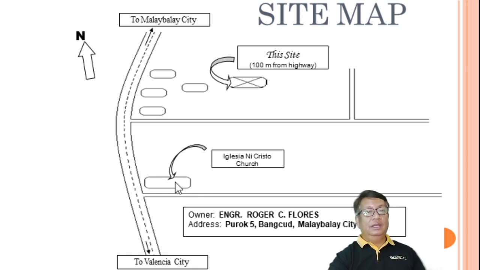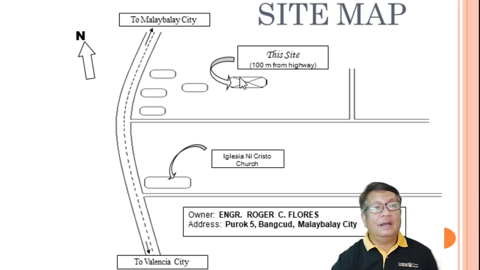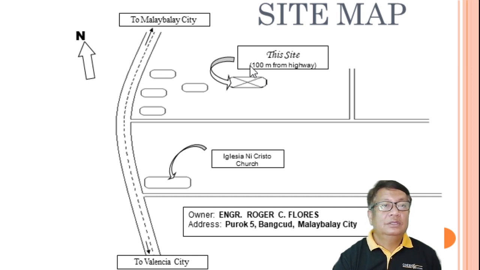The Iglesia ni Cristo church, somewhere in Purok 5, Bangkod. We have these small streets here, and then this is the location. As labeled, this is the site. Aside from indicating this area, you should also specify the distance from the road or from the highway.